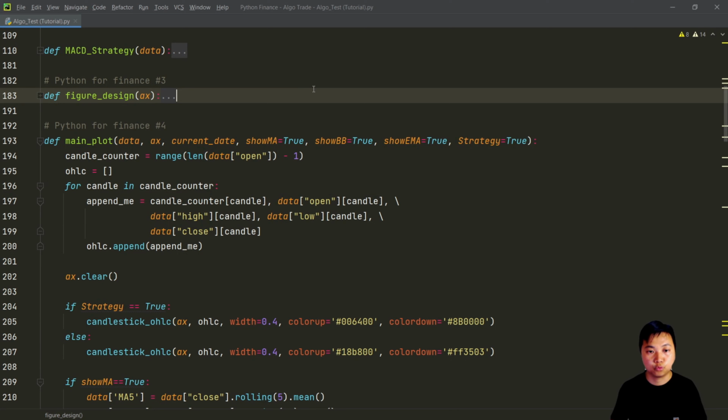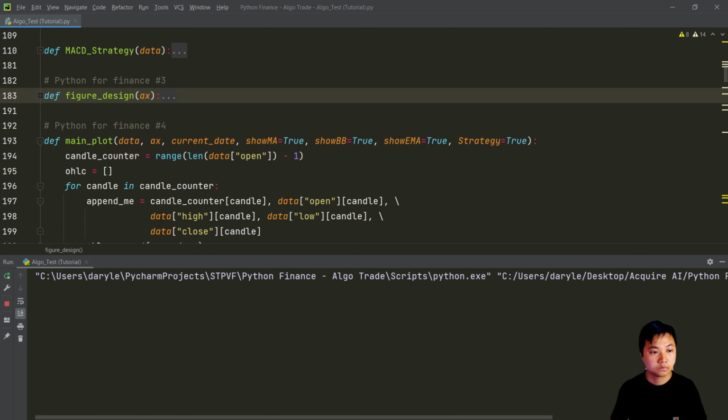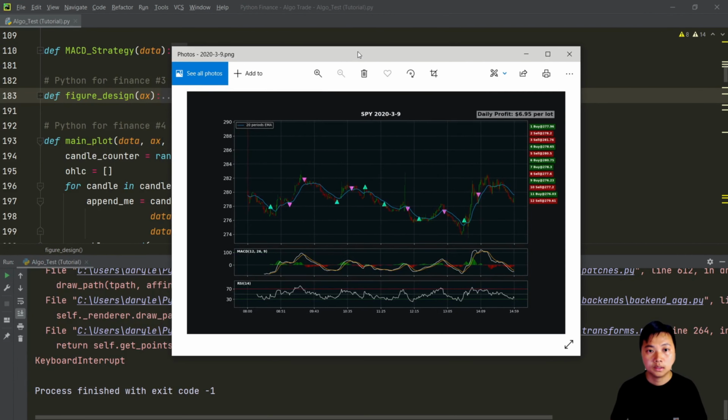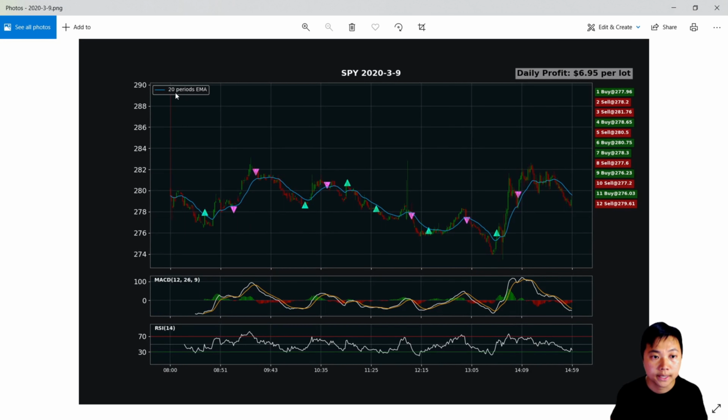Now let's see if we've done this correctly. Just take a quick look at that. And now we have the exponential moving average, and also you can see the x-axis are aligned for these three charts.